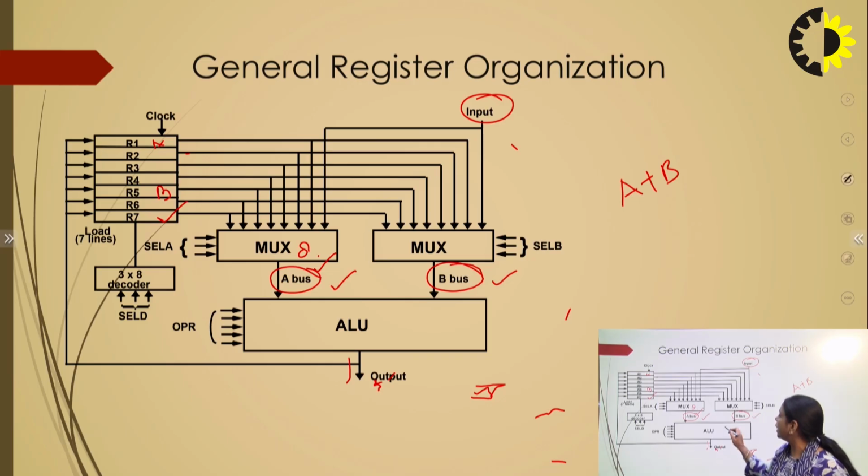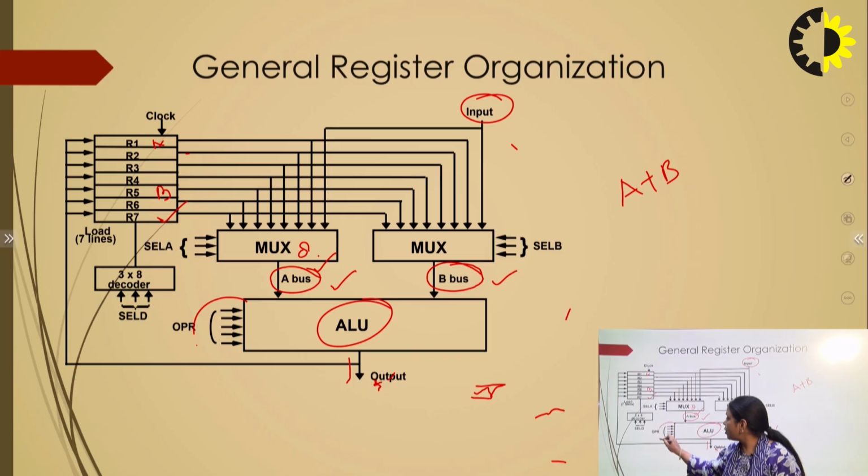Now, the work of the ALU is to add the values of A and B. So, we have to give some input or some selection lines here so that it can perform the addition operation, because the ALU can perform many operations, but in this case we have to perform only the plus operation.